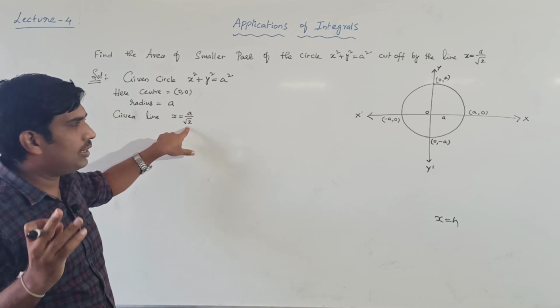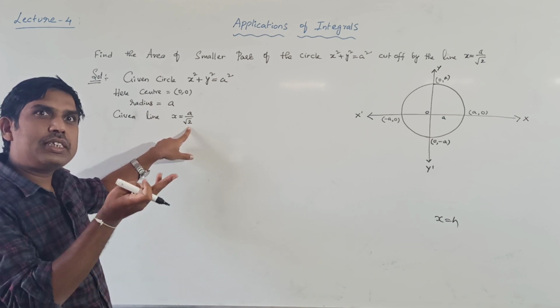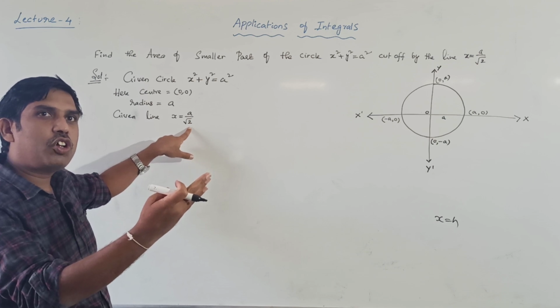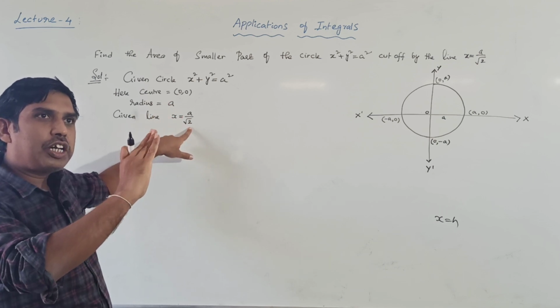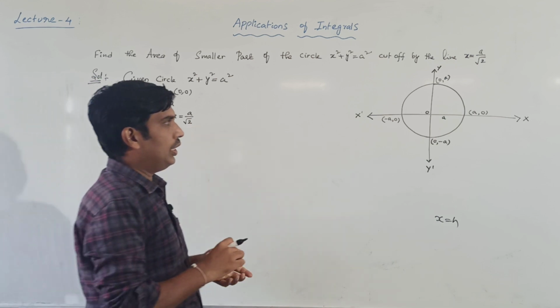Why right? Because a by root 2 is positive. If it is negative, it means left to the y axis. So we draw that vertical line right to the y axis at a distance of a by root 2 units.